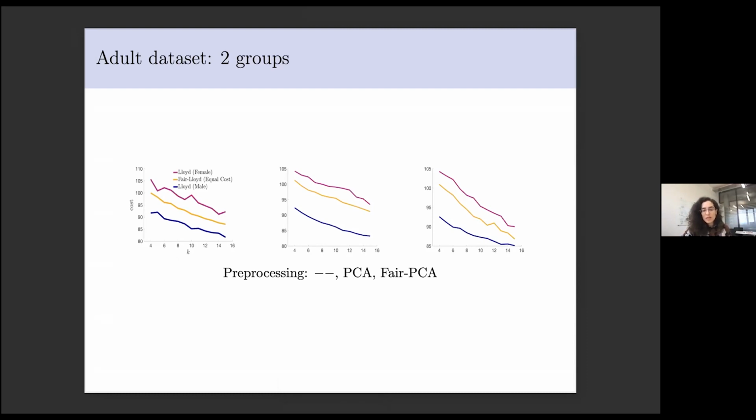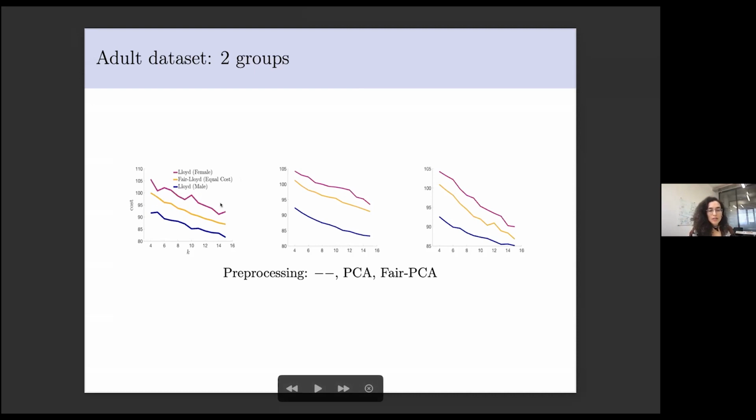And the right-hand side is showing using fair PCA as a pre-processing step, which is a modification of PCA that uses the min-max objective to find a low-dimensional representation that has more equitable reconstruction error for two different demographic groups. Okay, so let's look at the left figure.